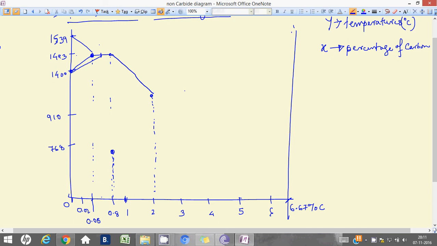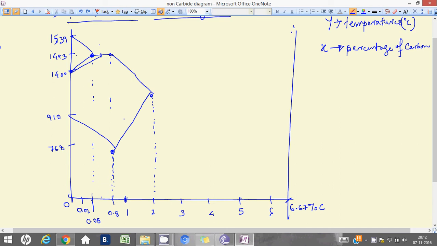And the other point is this point. Both are straight lines, and we will join these two. Let's make it straight. Okay, so we completed up to this point.